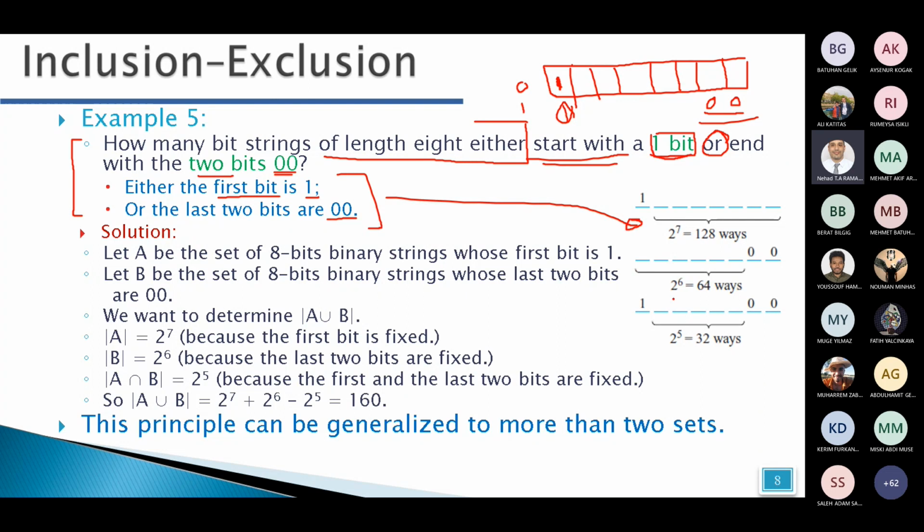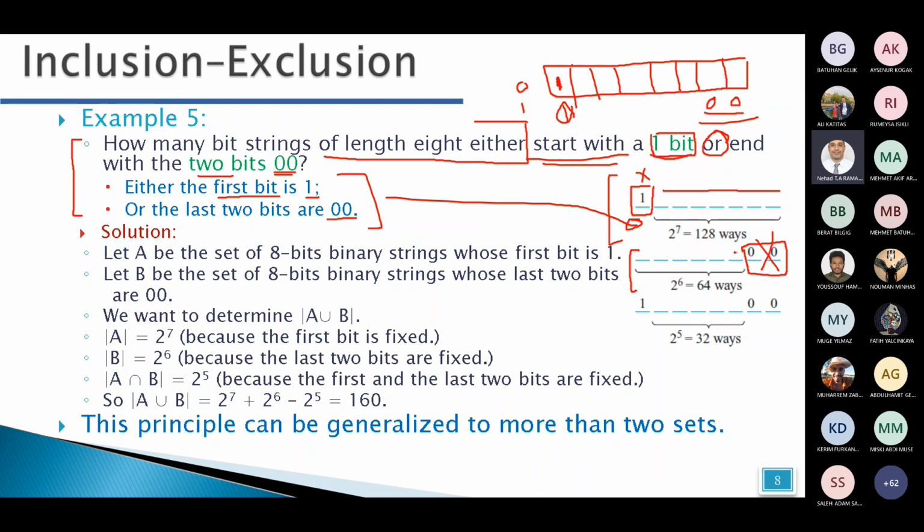First possibility, the first bit is 1, so it's fixed, and we need the ways to select the other bits. Second possibility, the last 2 digits are 0, 0, fixed, so we don't need to calculate it.